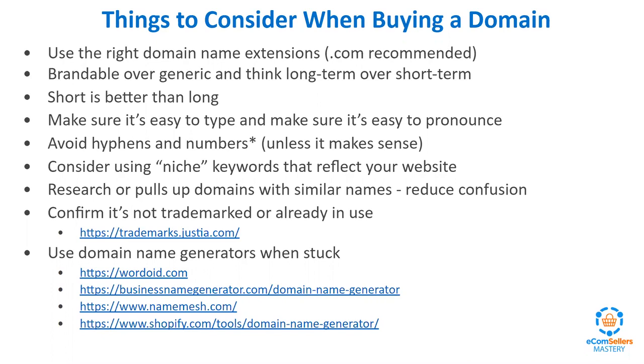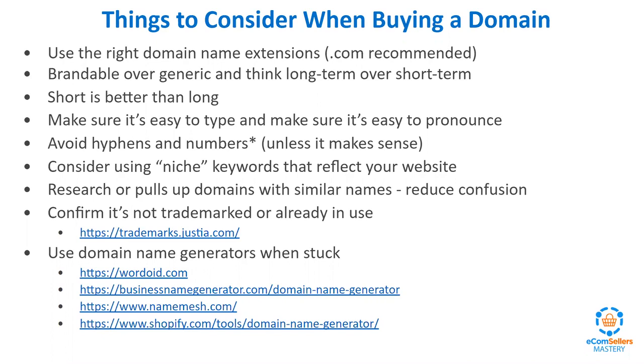If there's a name that's been resonating in your head, try that. Go see if it's been trademarked. Again, we had a trademark link over here. Here's another trademark link. And if you are just struggling with this, you can't figure anything out, if you need help creating a brand name, you can also go to these links for a domain generator. This is what my son, Tony, used to come up with his store.